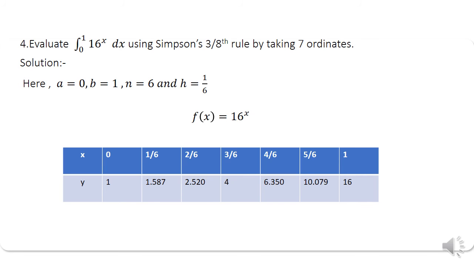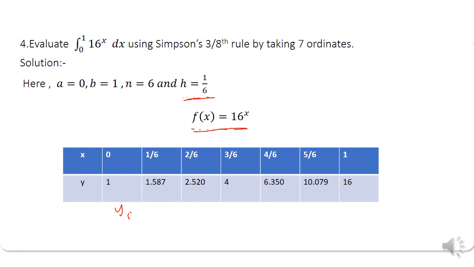In this problem also we keep h equal to the fraction 1 by 6 itself to get exactly 1. Function is f of x equal to 16 power x. Take a table. X is from 0 to 1 and h is 1 by 6. Add h in each term. Substitute the x values in the given function, that is 16 power x. We get the respective y values.